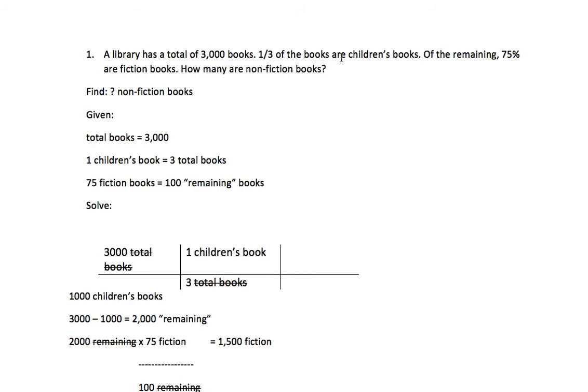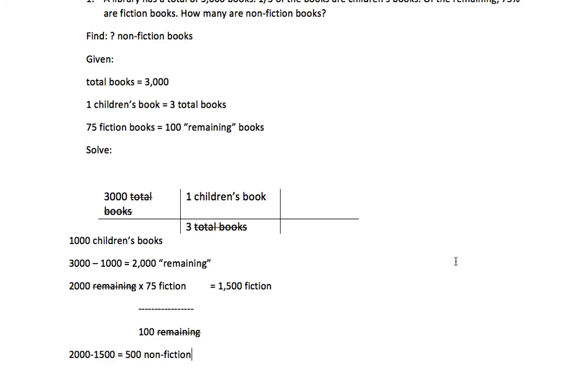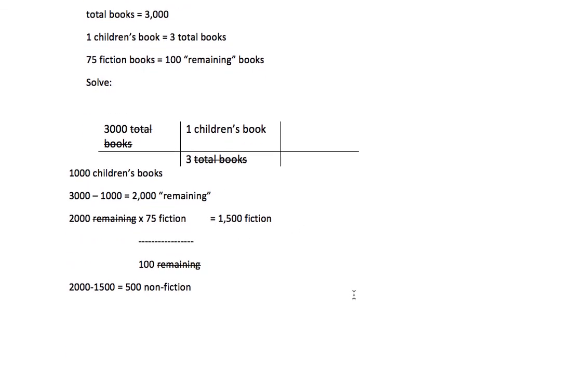I don't know if it's necessarily always going to be asking for nonfiction books versus fiction, but just know that the total books, you need to add up children's, fiction and nonfiction. You have to do that in steps by subtracting out, figuring out how many children's books there are, subtracting those out, and then going on from there, either calculating the fiction and you're done, or calculating the fiction and then subtracting out the nonfiction.